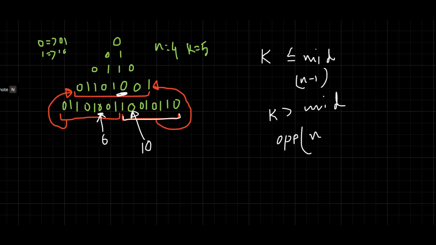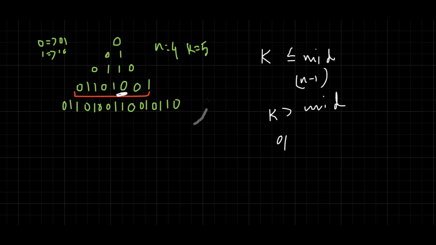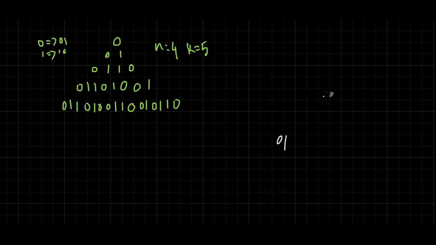As we all know, to perform a recursive algorithm, at first, we have to find the base cases. So, what is the base case of this problem? The base case of this problem is if the value of n and the value of k is 1, then we have to return 0.